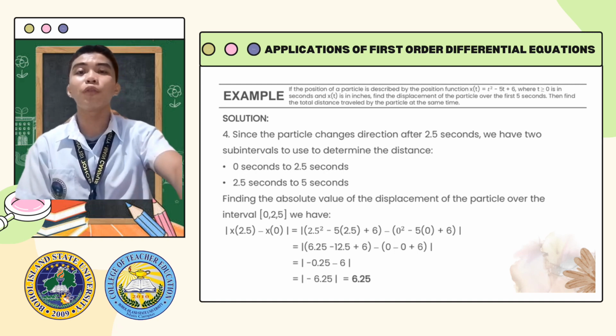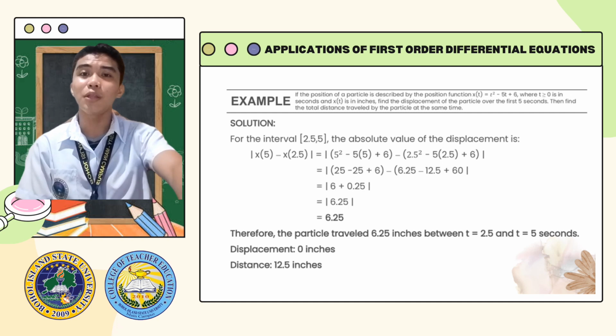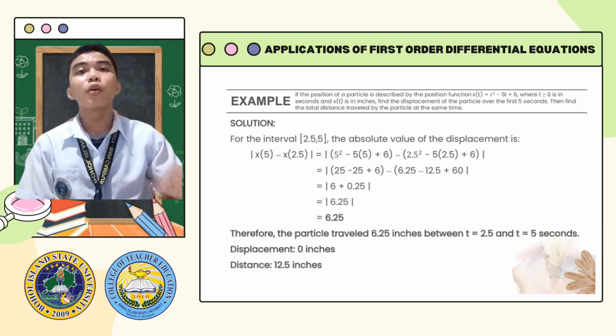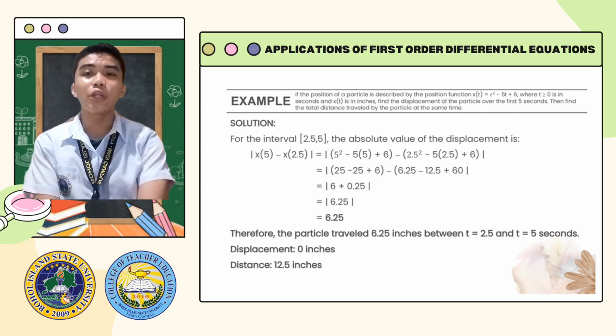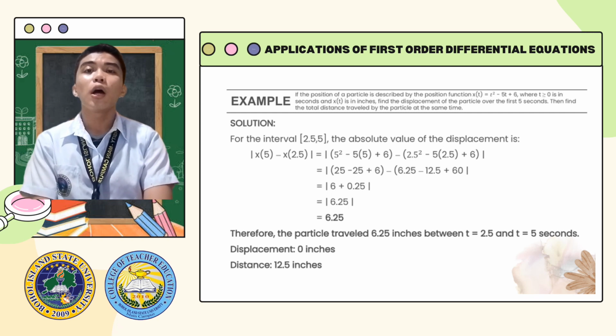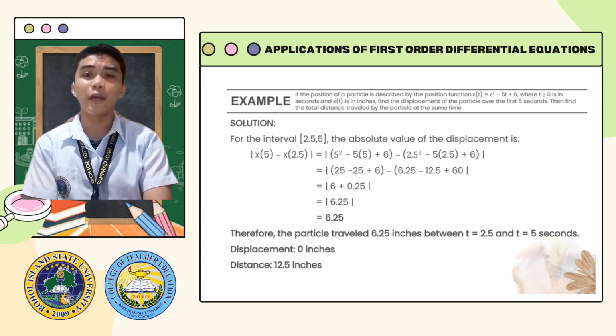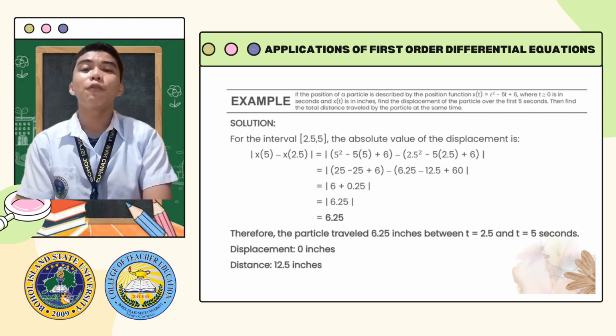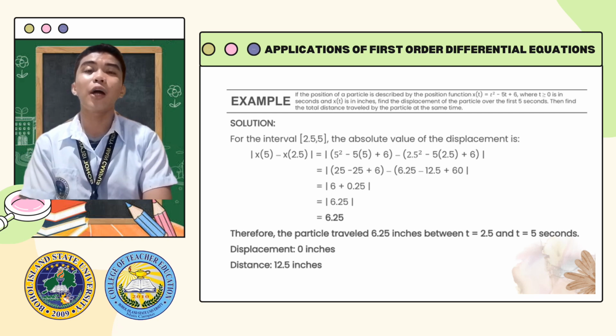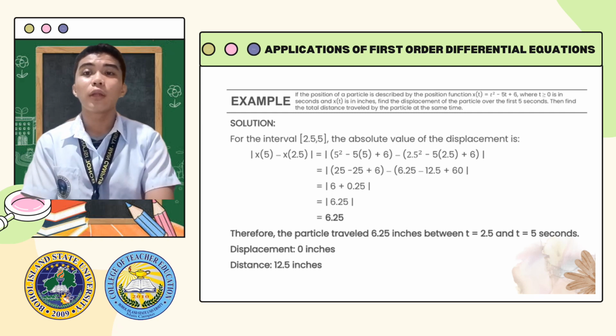Now we will solve the next subinterval, which is from 2.5 seconds to 5 seconds. We have the absolute value of the displacement, the absolute value of x(5) minus x(2.5) equals the absolute value of 5 squared minus 5 times 5 plus 6, minus 2.5 squared minus 5 times 2.5 plus 6.